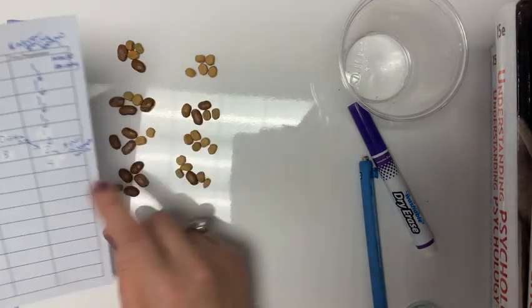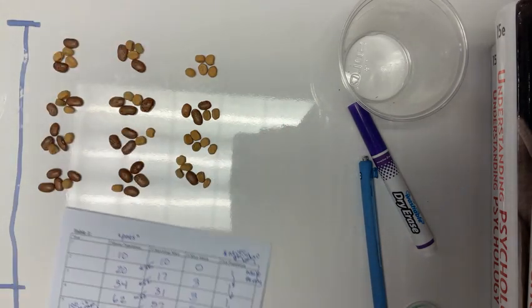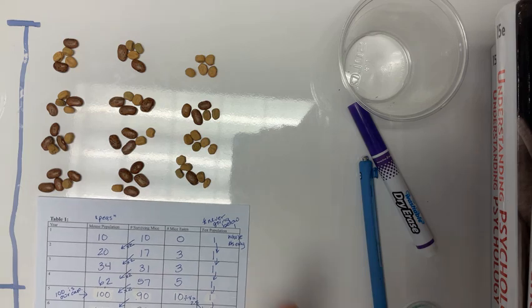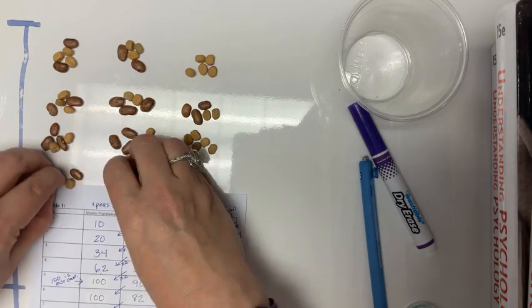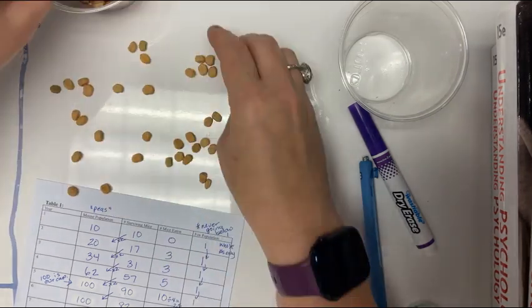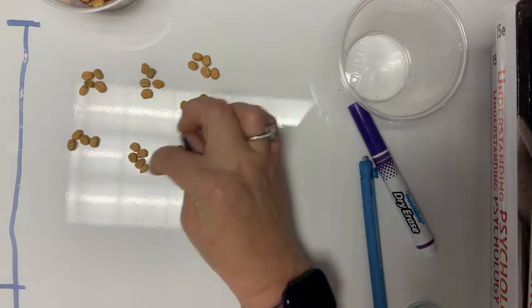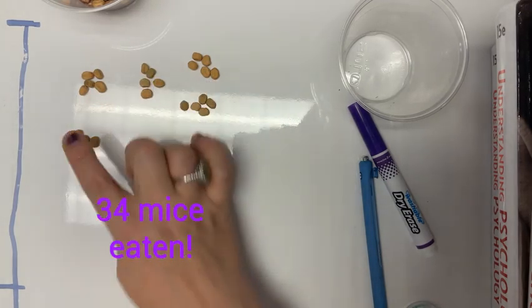All right, so remember, we've got 4 wolves, 1, 2, 3, 4, 15 across, okay? So, how many did we get? Let's remove all of our peas, beans. 34.